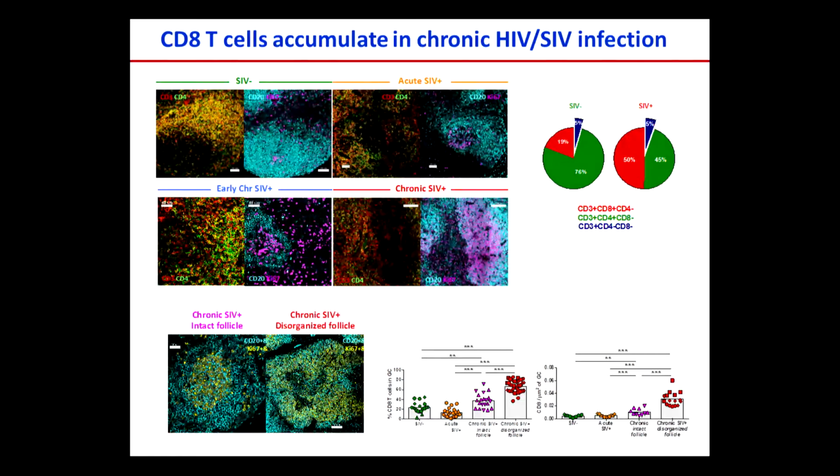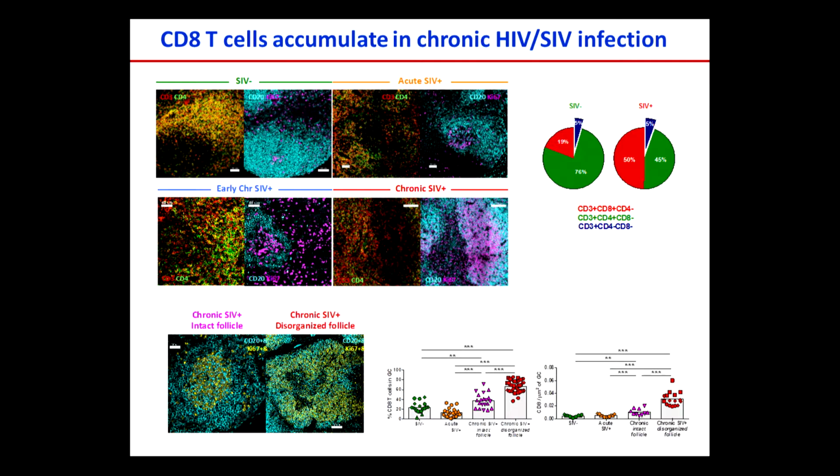Anyway, what you can see here in SIV-infected lymph nodes are these germinal center structures, and there are red cells that don't express green. So these are CD8 T cells, and the reason we can do that is we know that there's a very, very small population of cells that are double negative, so that don't express CD4 or CD8. So we can pretty much say that if you express CD3, but you don't express CD4, you're CD8.